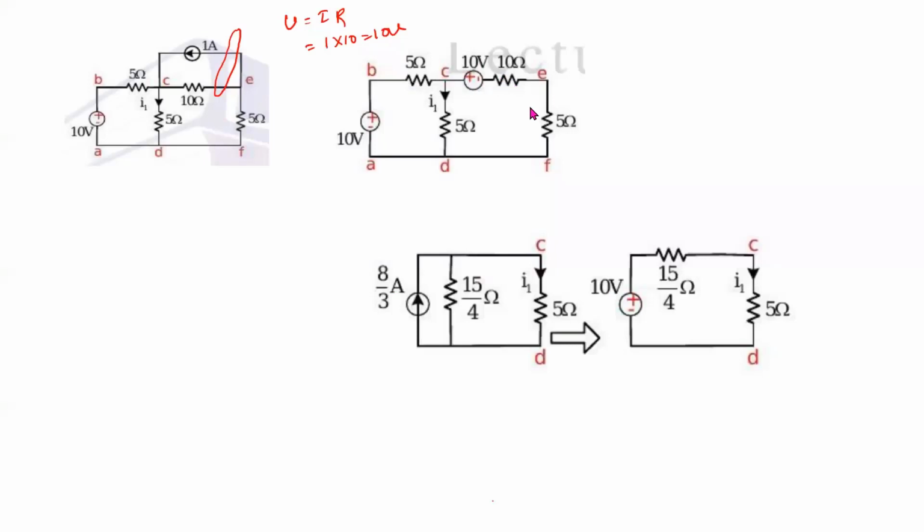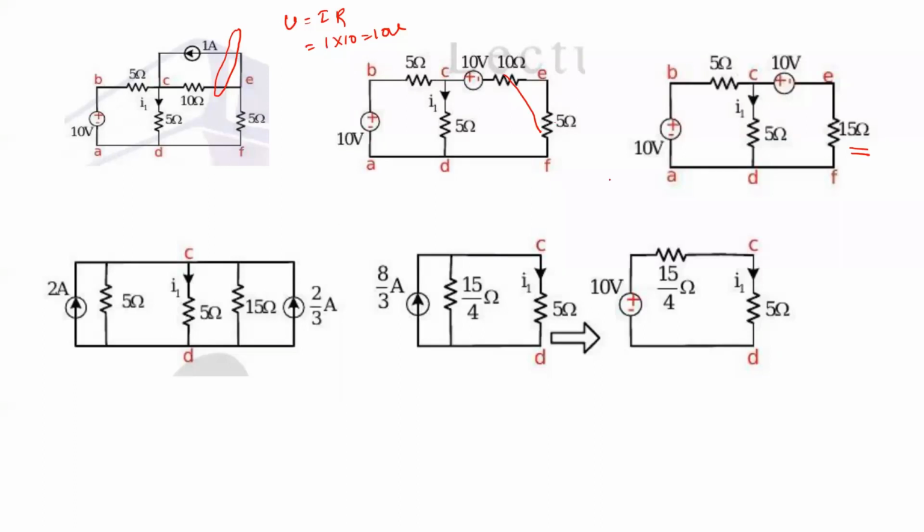Next, it is a simple thing. 10 ohm resistance and 5 ohm resistance, are they in series? They are in series, so these two can be converted into a single one, that is 10 plus 5 is 15. All right. Next step is again to convert.